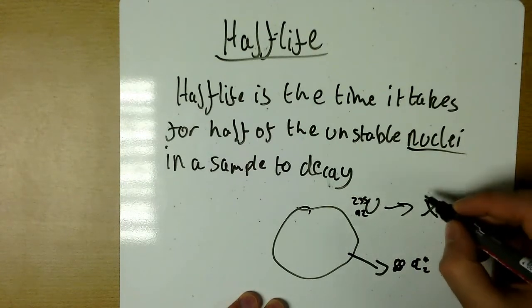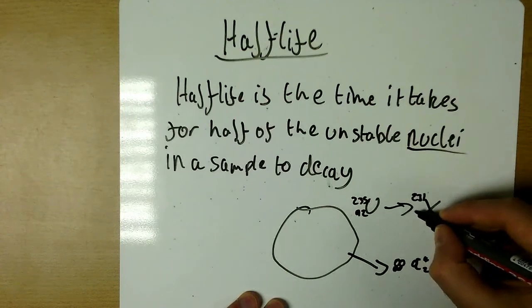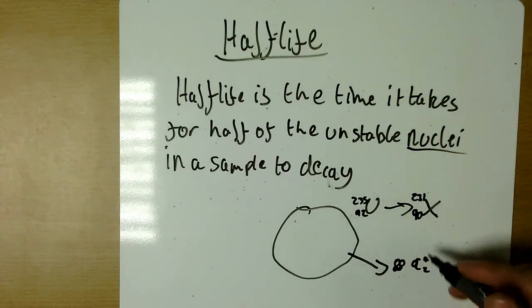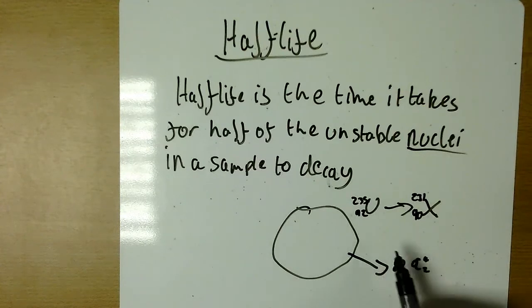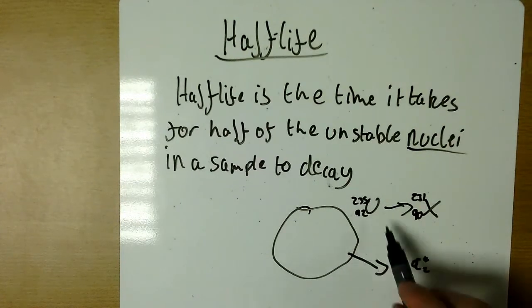We're not going into what it's going to be, but it's going to have a mass now of 231 and an atomic number of 90, and it's going to be more stable than it was before. So it's giving out the radiation to become stable, but it's not just one atom on its own. There are thousands, millions of nuclei within a sample of uranium.